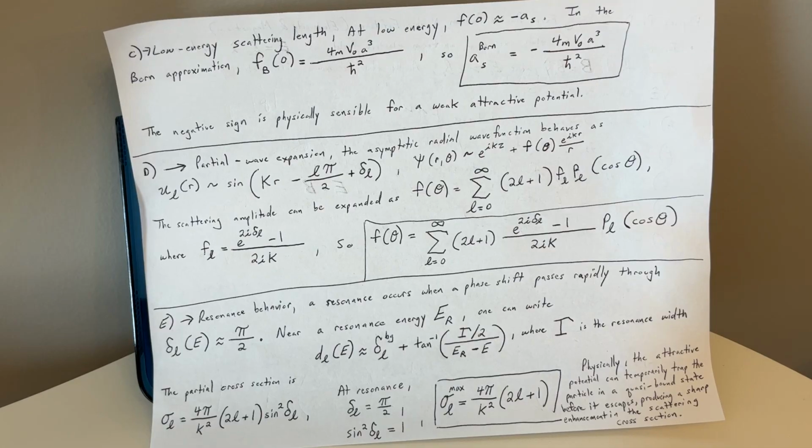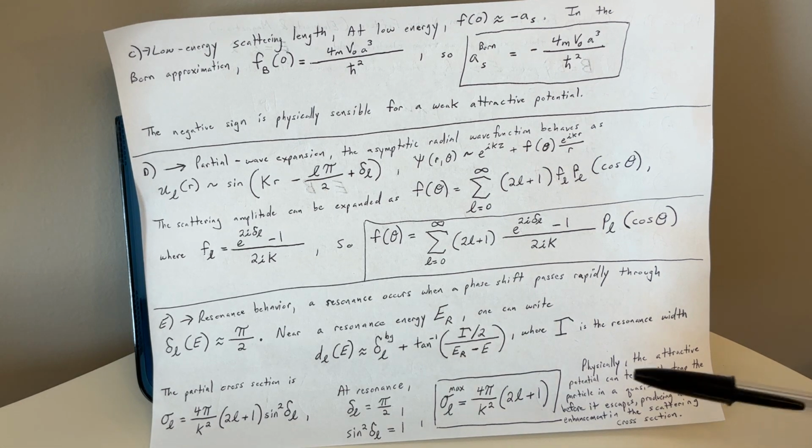So the partial cross-section is sigma sub L equals 4 pi over k squared times the quantity 2L plus 1 sine squared delta sub L. And at resonance, delta sub L is pi over 2, sine squared delta sub L is 1. So our sigma sub L max is 4 pi over k squared times the quantity 2L plus 1.